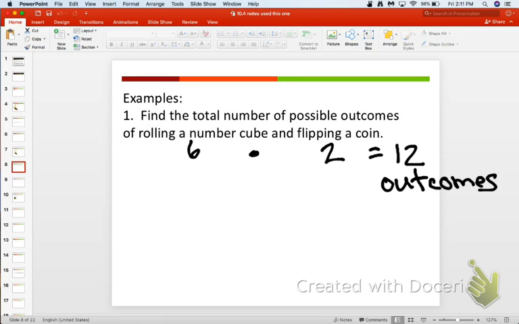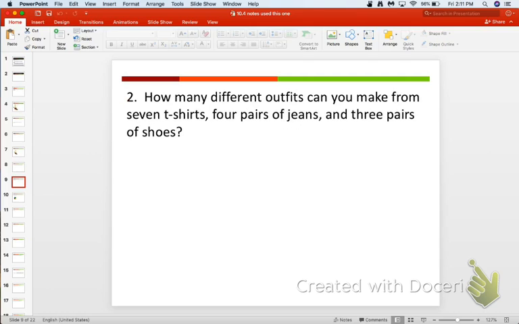All right, let's try a harder one. Here we have different outfits that you can make: 7 t-shirts, 4 pairs of jeans, and 3 pairs of shoes. Let's break this down a little bit more. I struggle to read things like this, so I need to break them down for myself. I have t-shirts, and I've got 7 of them.